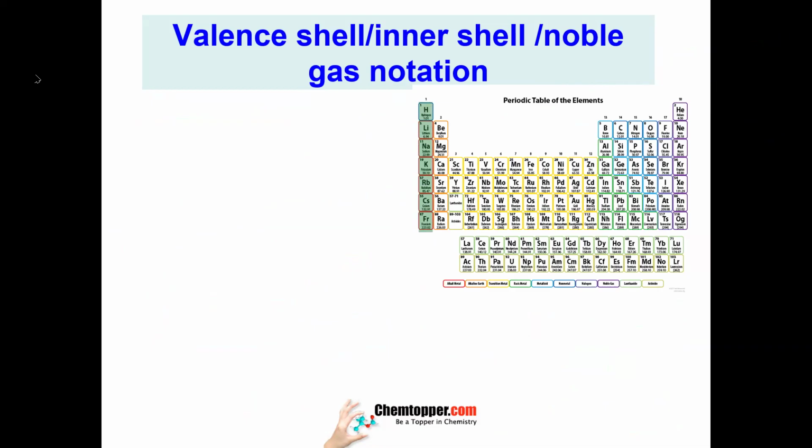Can you write down the electron configuration of lithium in noble gas notation, children? Rubidium in noble gas notation? Noble gas notation means in terms of helium for lithium, and in terms of krypton for rubidium.